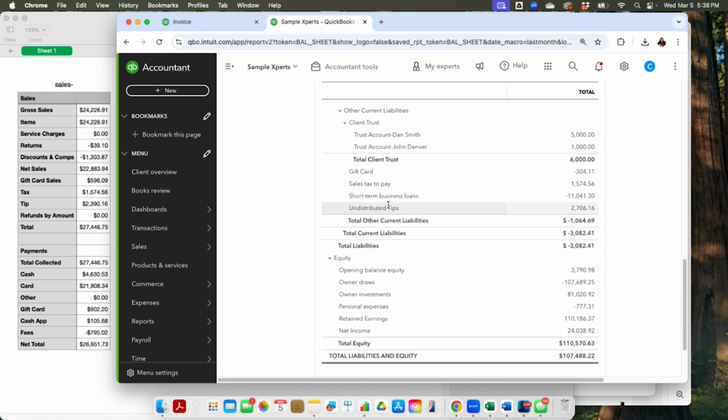What about undistributed tips? That one goes into the journal entry for the Square payroll, and I will cover that next time. We're going to cover the payroll. The payroll journal entry is going to be also a recurring transaction where you can plug it in next time.